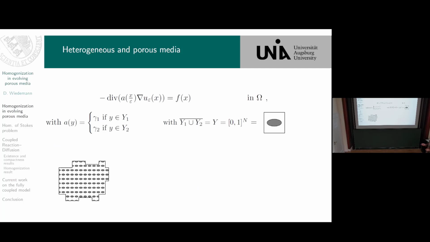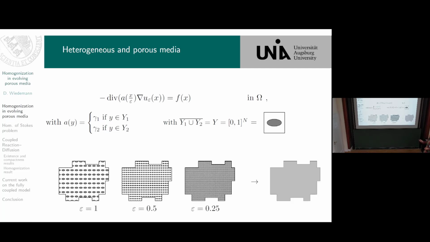So let me first do a short recap about the homogenization and two-scale convergence. We have here a classical elliptic problem where we have a heterogeneous coefficient, and we scale this coefficient by epsilon and let epsilon tend to 0 in order to derive some effective model.